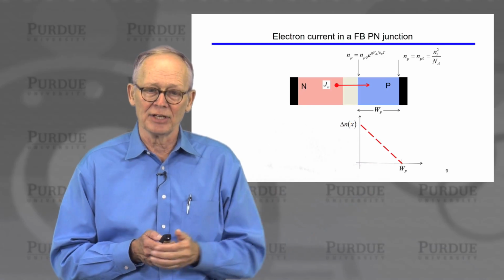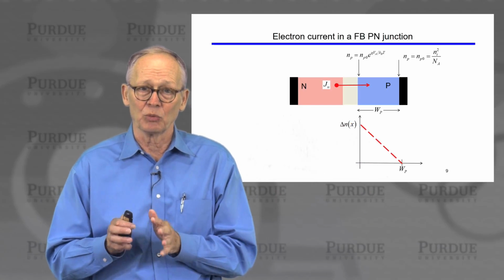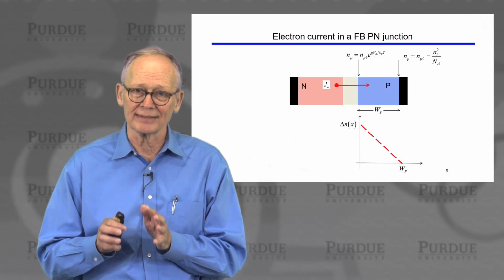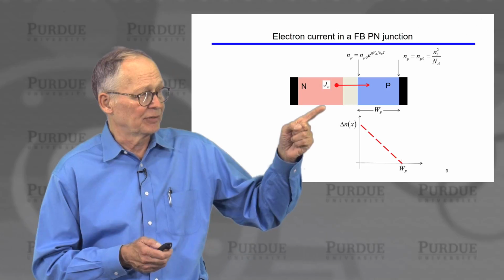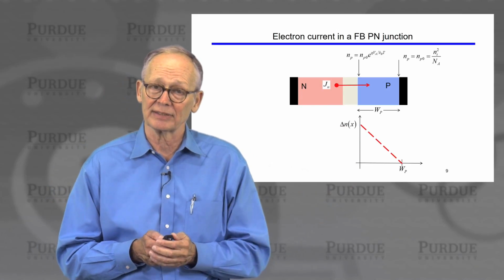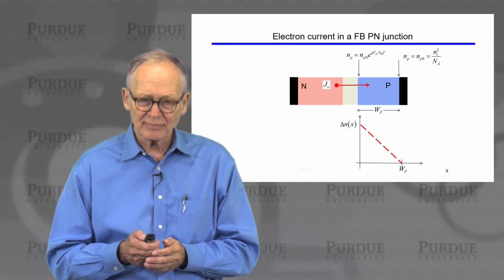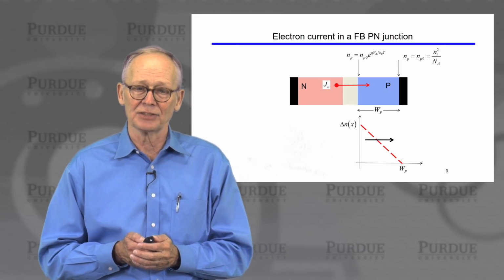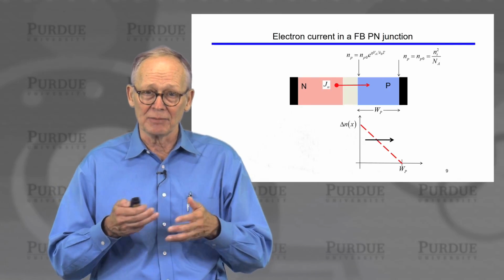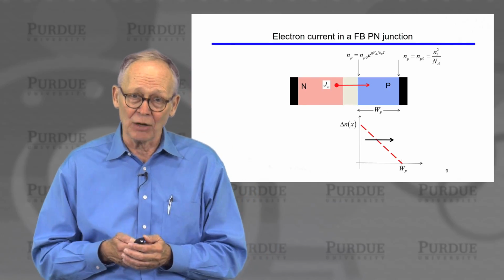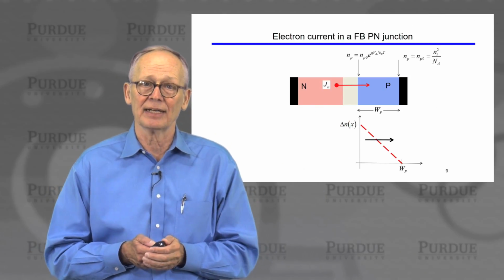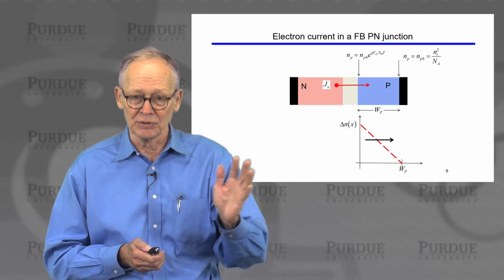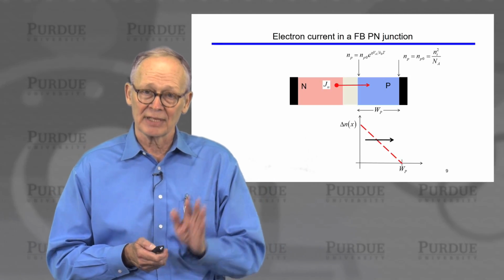We have maintained their number to be where it was in equilibrium, so no excess electrons at the contact on the end of the p region. If there's no recombination in between, we just get a straight line profile. And whenever you have a concentration gradient, we know that mobile particles will want to diffuse down the concentration gradient. So electrons will diffuse down that concentration gradient, and they'll diffuse across the p region and then go out to the p contact.